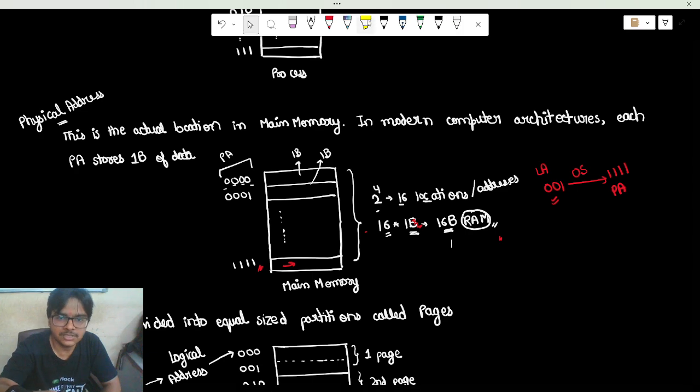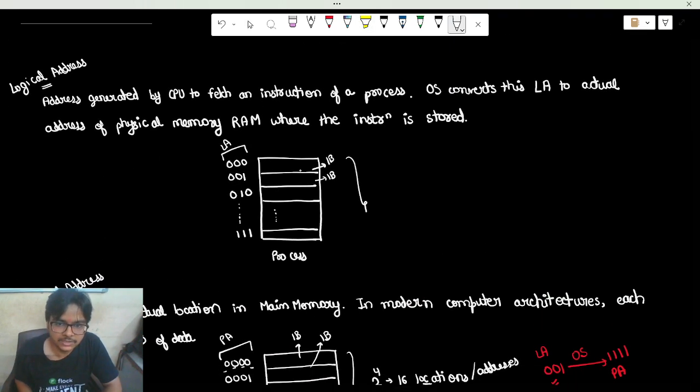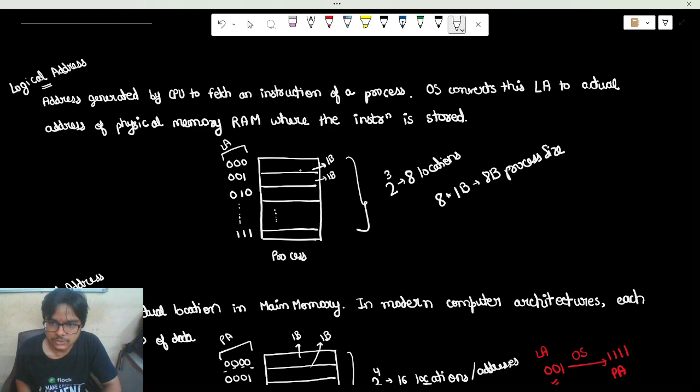Similarly, your process size can be calculated. You have 8 locations, and each location is 1 byte, so 8 into 1 byte is 8 bytes, your process size.